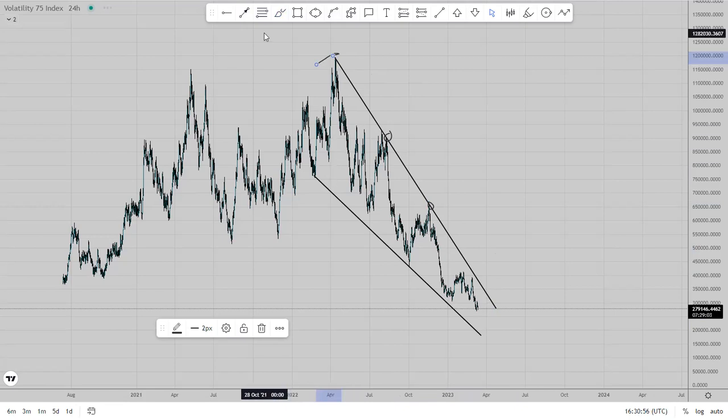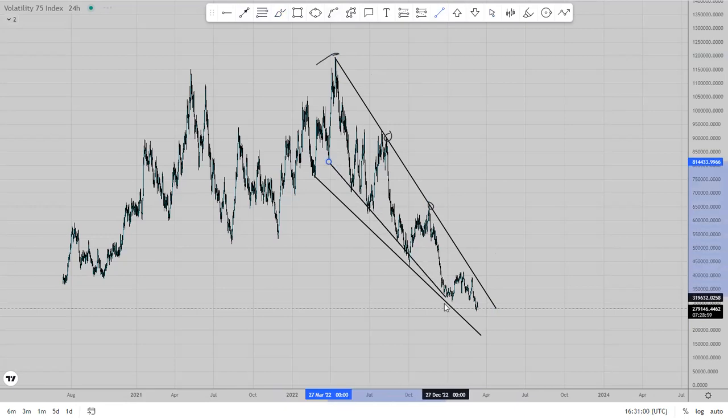The reason why I didn't take this one is because this one is cutting through the market like this, which is what I don't want. And it's actually also far from the market. So this one now is actually one of the best because it's very close to where the market currently is. So this one is the perfect downward channel trend line that we need for the bottom.